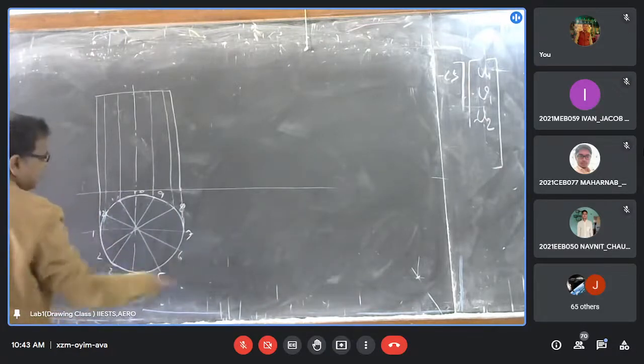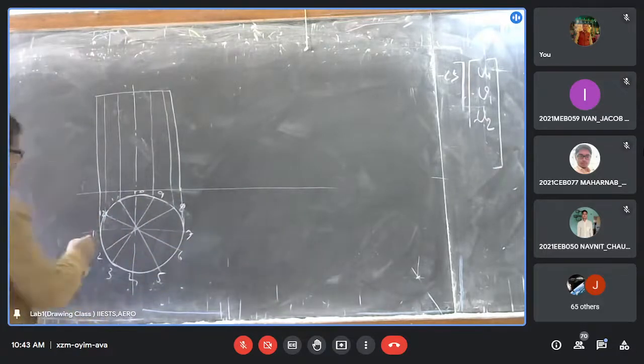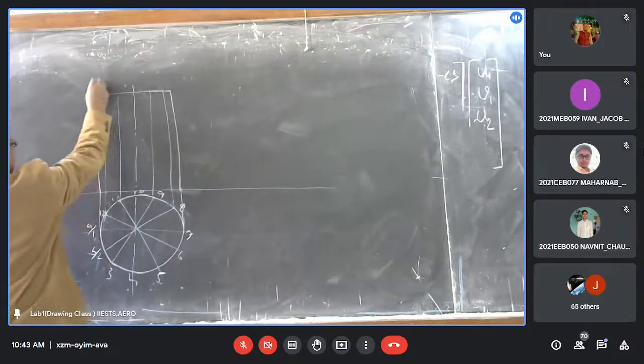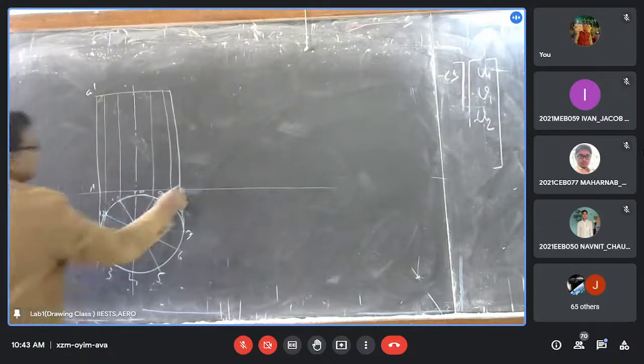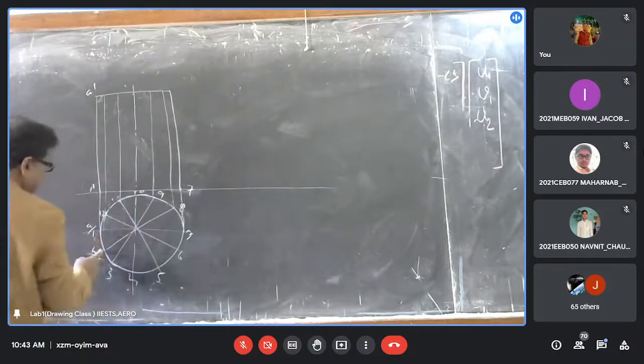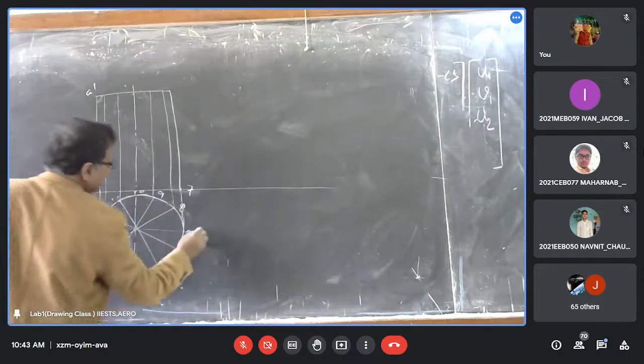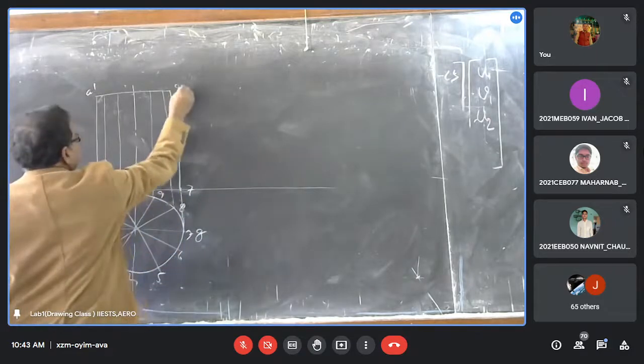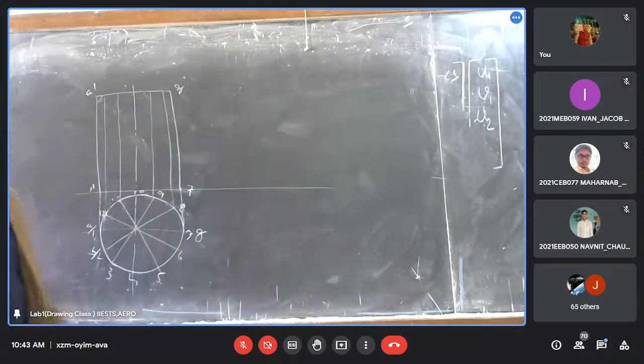On the bottom side, you put 1, 2, 3, 4, then on the top you put A, B, okay? This is A there, and this is 1 there. And this is 7 there, A, B, C, D, E, F, G, and so on. This is G there.